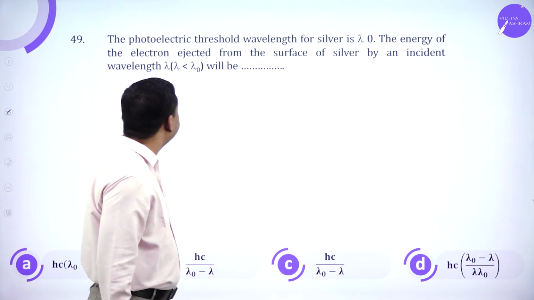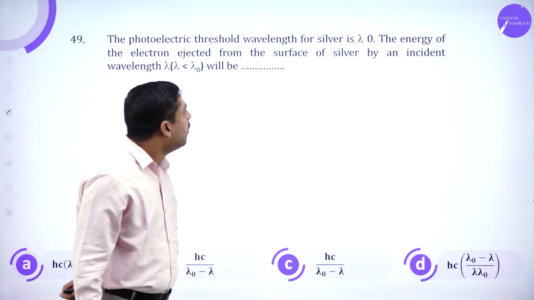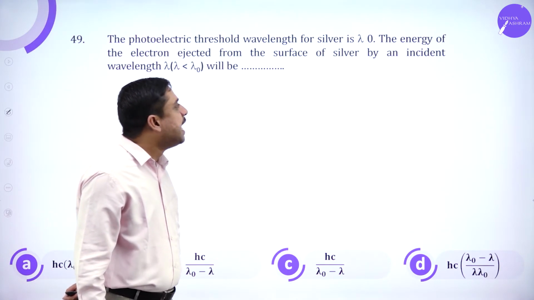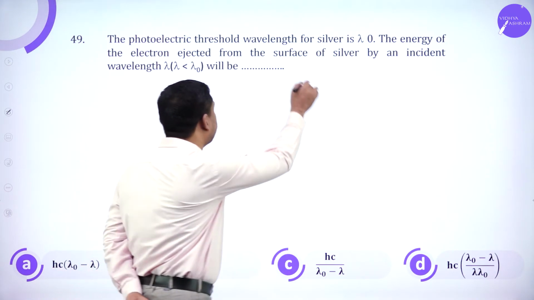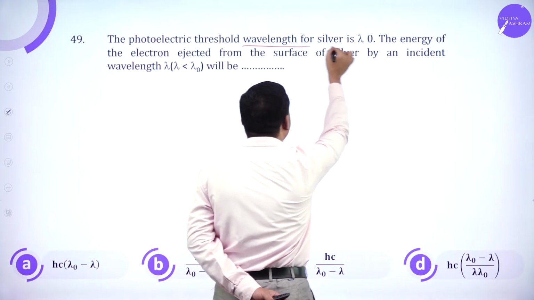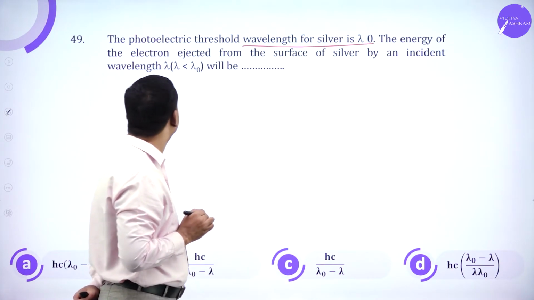A photoelectric threshold wavelength for silver is lambda naught.